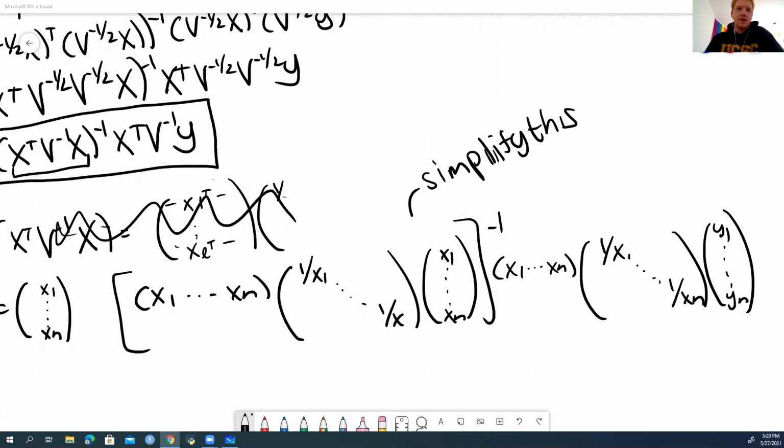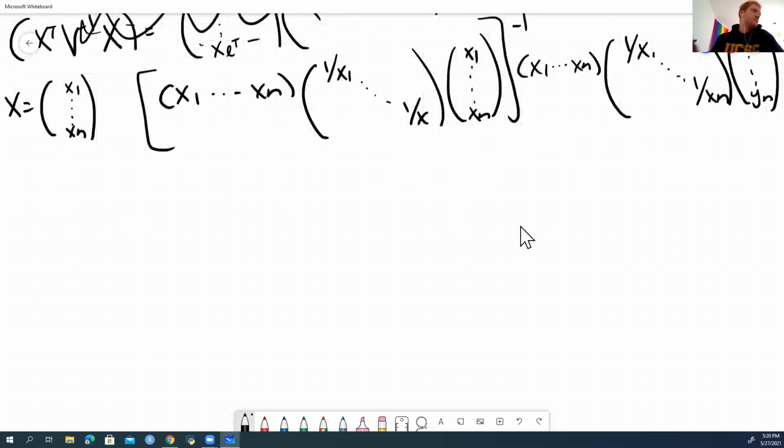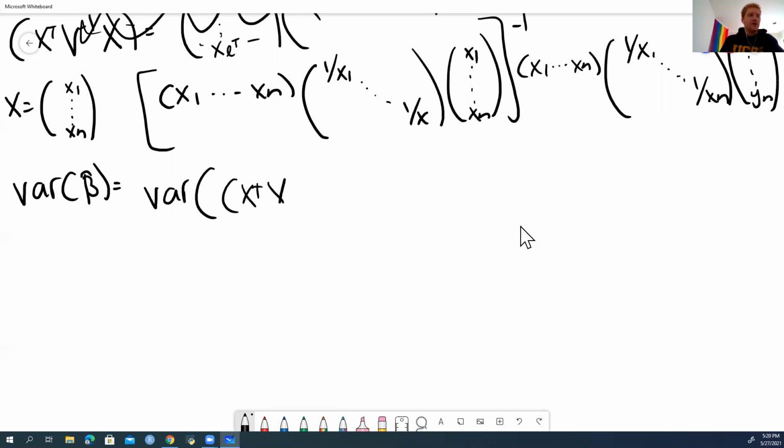Now, what's the next question? To find the variance. The variance of beta hat is just going to be the variance of x transpose V inverse x inverse, x transpose V inverse y.